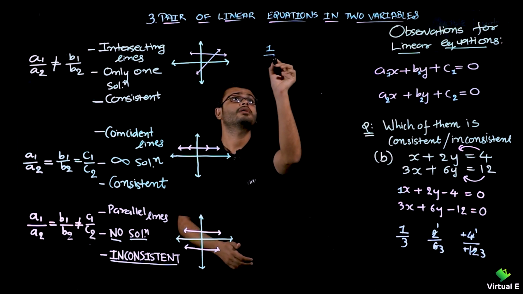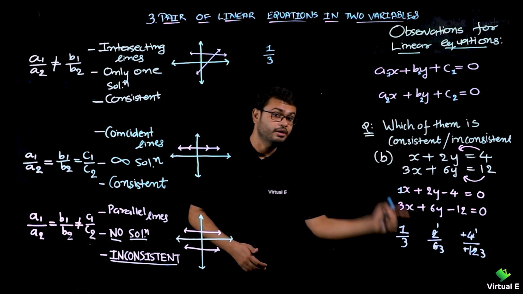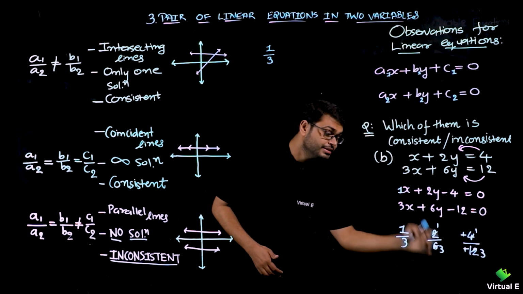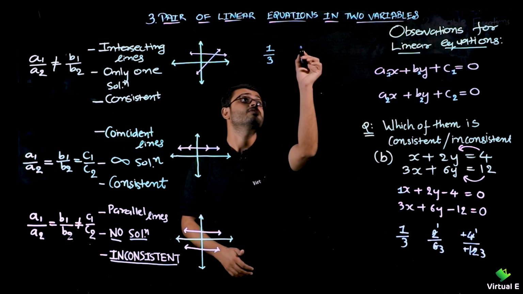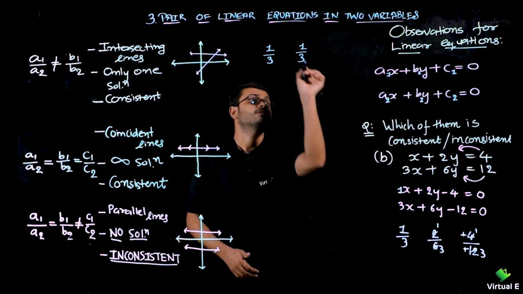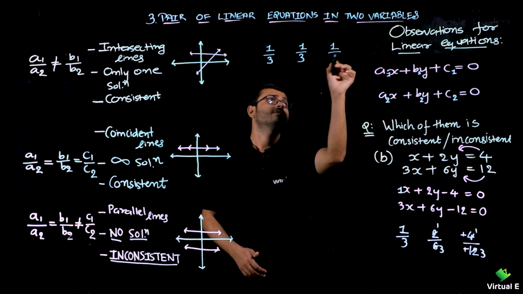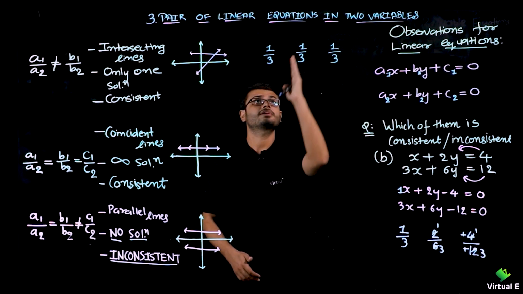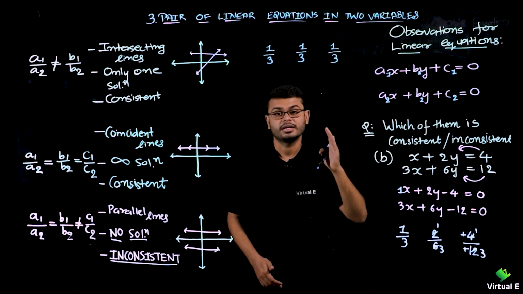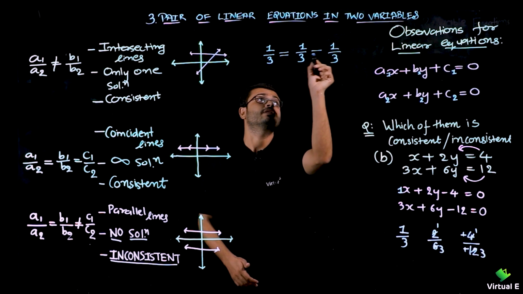Here 1 over 3, here also 1 in the numerator and 3 in the denominator. Even by mistake, do not write this 3 in the numerator, right? So 1 over 3, and here again 1 over 3. So you can see all three ratios are 1 over 3, 1 over 3, 1 over 3. They are equal. So I can write the equal to sign between them.